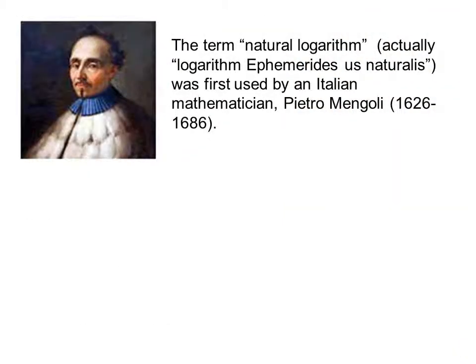The term natural logarithm, actually logarithmus naturalis, was first used by an Italian mathematician, Pietro Mengoli, who lived from 1626 to 1686.